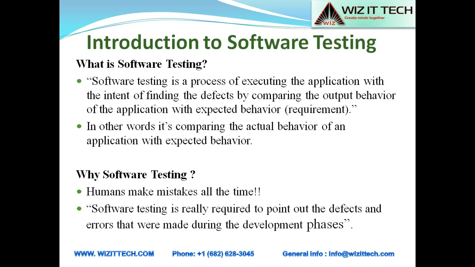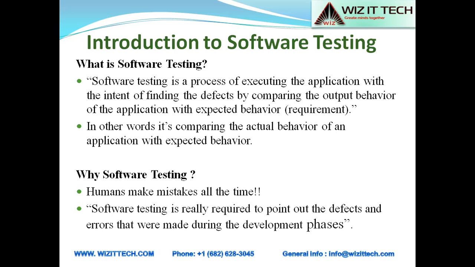All right, next we are jumping to the introduction to software testing. We know what software is. Now we are going to discuss what software testing is and why it is required. Software testing is a process of executing the application with the intent of finding defects or bugs. How can we find the defects?